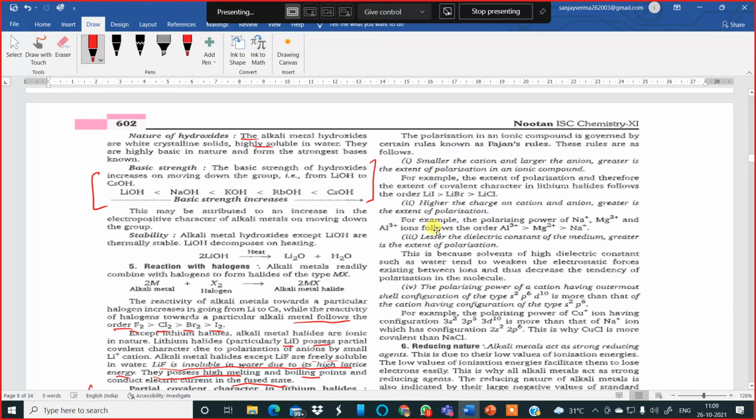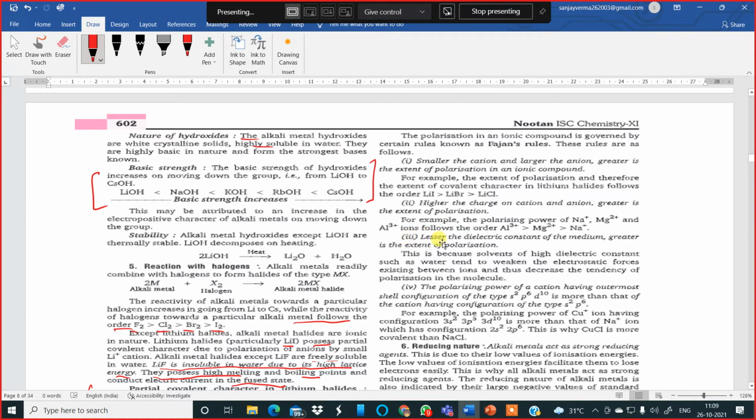Here the Fajans' rules are stated once again. Smaller the cation, larger the anion, greater is the extent of polarization in an ionic compound. So better learn this. The second one is, higher the charge on cation and anion, greater is the extent of polarization.